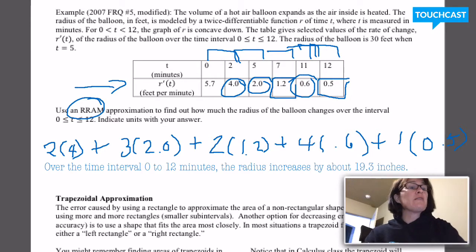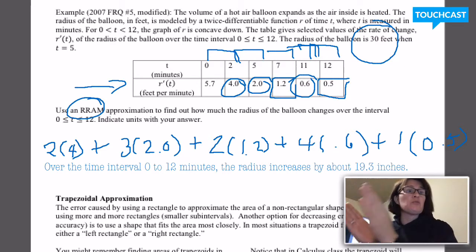So I can conclude that over the time interval 0 to 12 minutes, the radius increases by about 19.3 feet. Notice that's different from giving an estimate of the actual length of the radius after time 12. Because when we start the problem, the radius of the balloon is 30 feet.